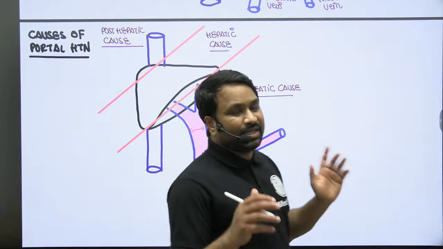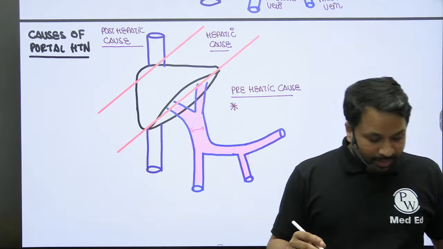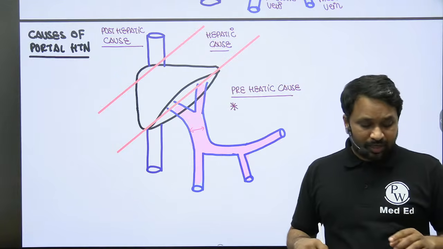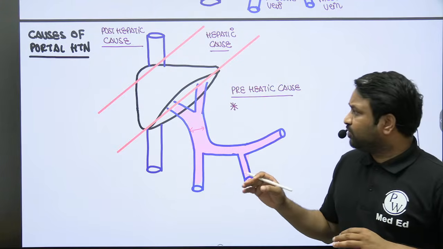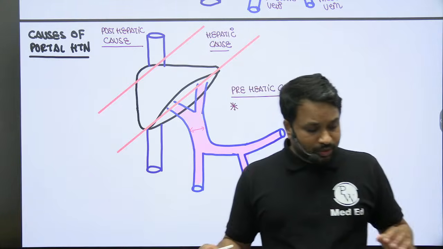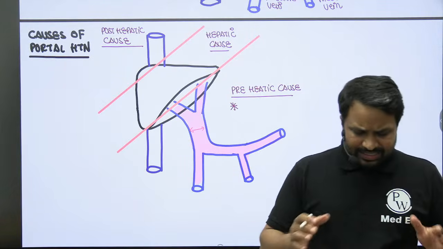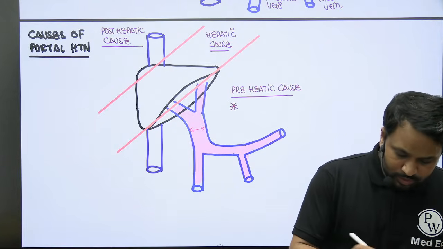So now we have to see which things can increase the pressure here, either by increasing the volume of the blood, or by decreasing the size of the vessel. So number one is going to be portal vein thrombosis.